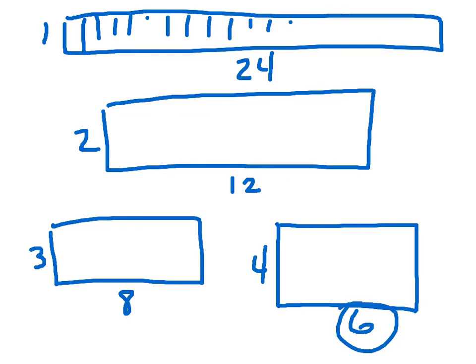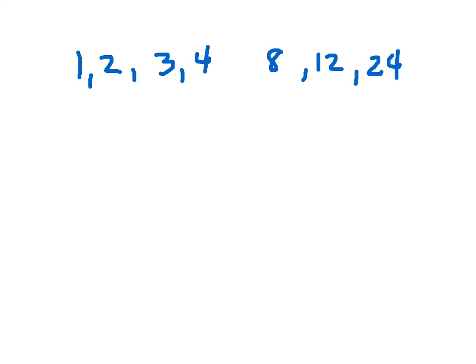So we know that we have all of the factors. So what we do is we just take all those together, and that will break down the factors of 24. It's always nice to put them in order too. So we'd have 1 and 24, 2 and 12, 3 times 8, and 4 times 6.